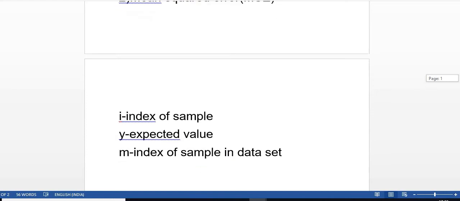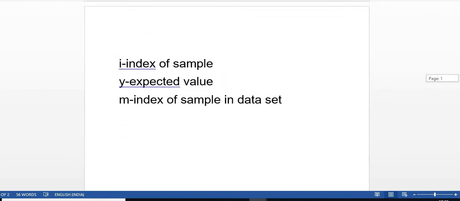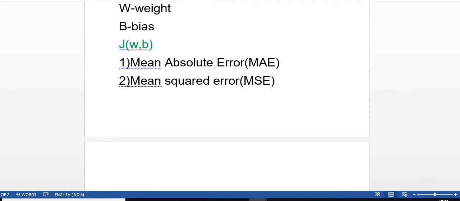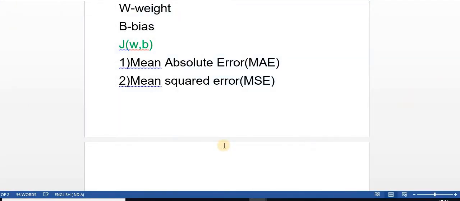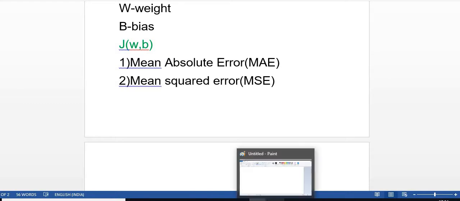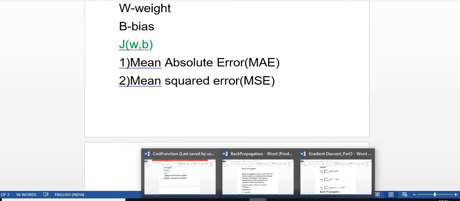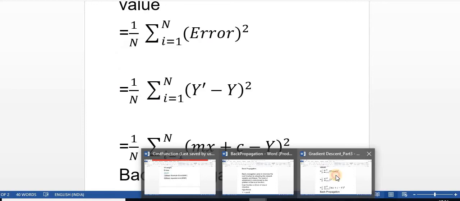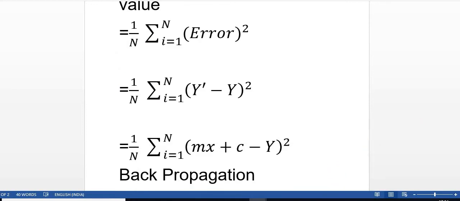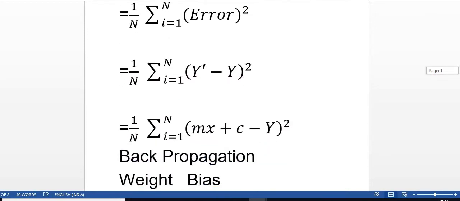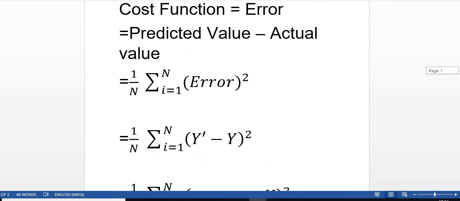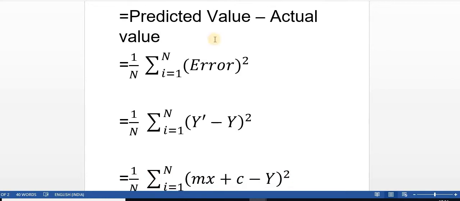If you want to know more about this, mean absolute error and mean squared error, I can give you some more idea about that. Here we have the equations for the mean absolute error and the mean squared error.